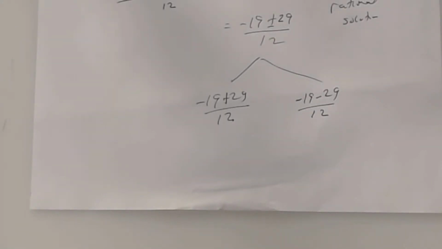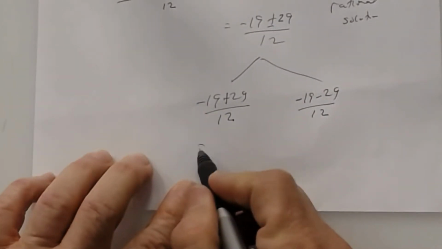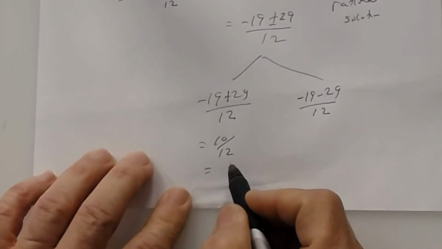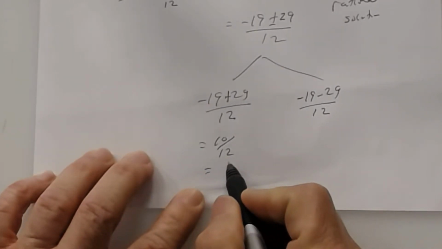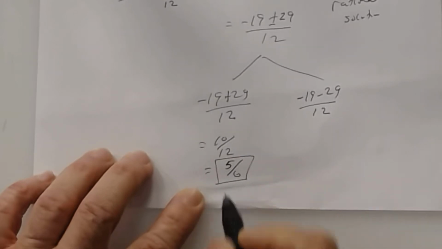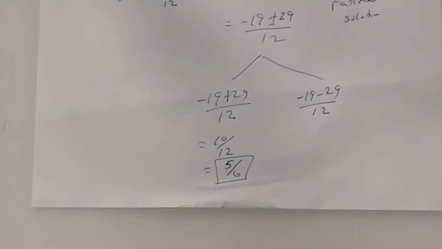And just use your calculator. What's negative 19 plus 29? 10. So that's 10 twelfths, which reduced is 5 sixths. So there's one of your solutions. So one of my solutions is what rational number? 5 sixths. All right, now the other.